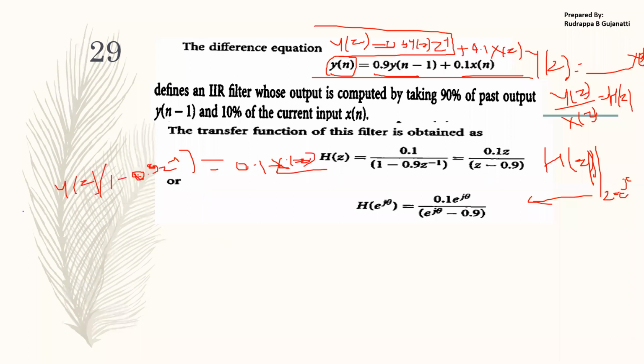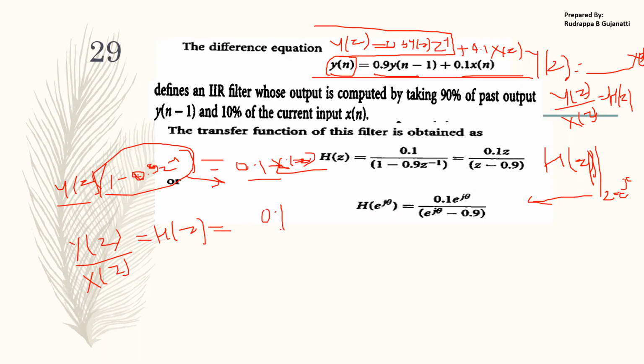Now take this X of z below, and I'll have Y of z divided by X of z, which is equal to H of z. And taking this term to the other end, this side I have 0.1, so it will be 0.1 divided by 1 minus 0.9 z inverse. So this is H of z.